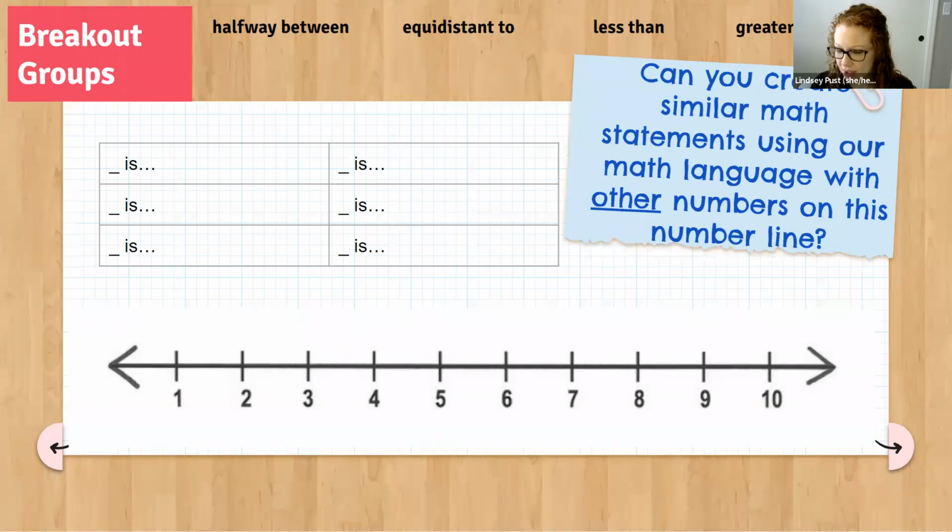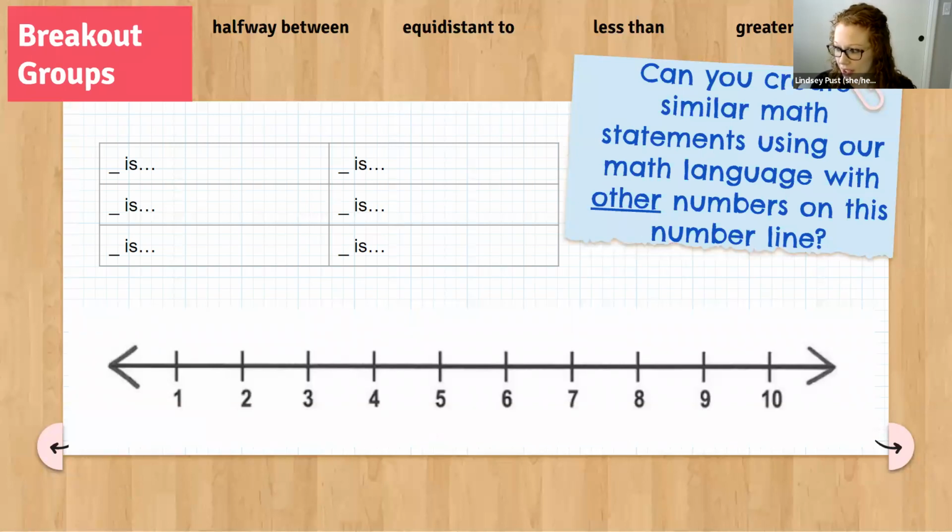How did you write relationship statements? Oh, so writing a question. What is 7 greater than 3? What else? 5 is equidistant from 1 and 9.